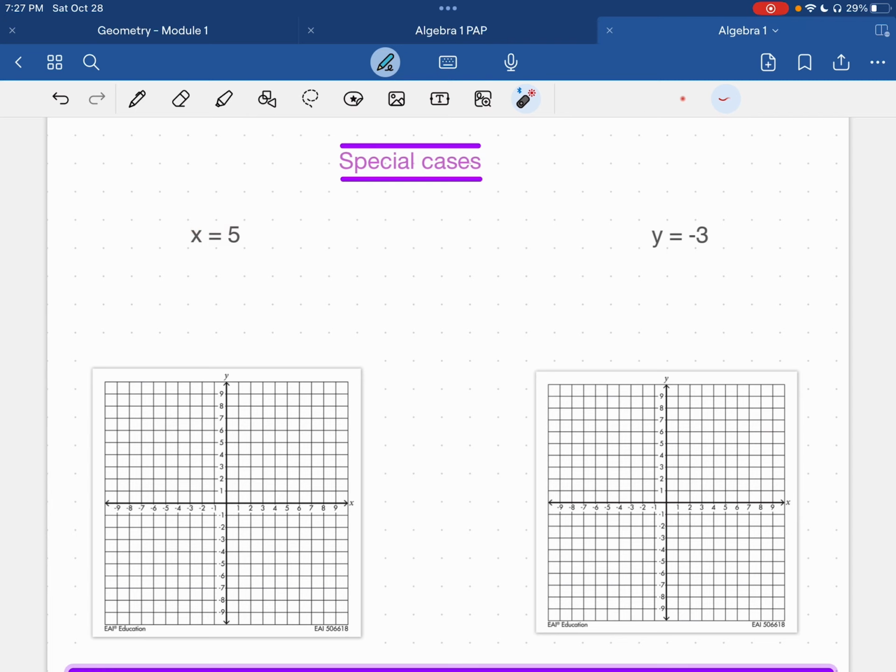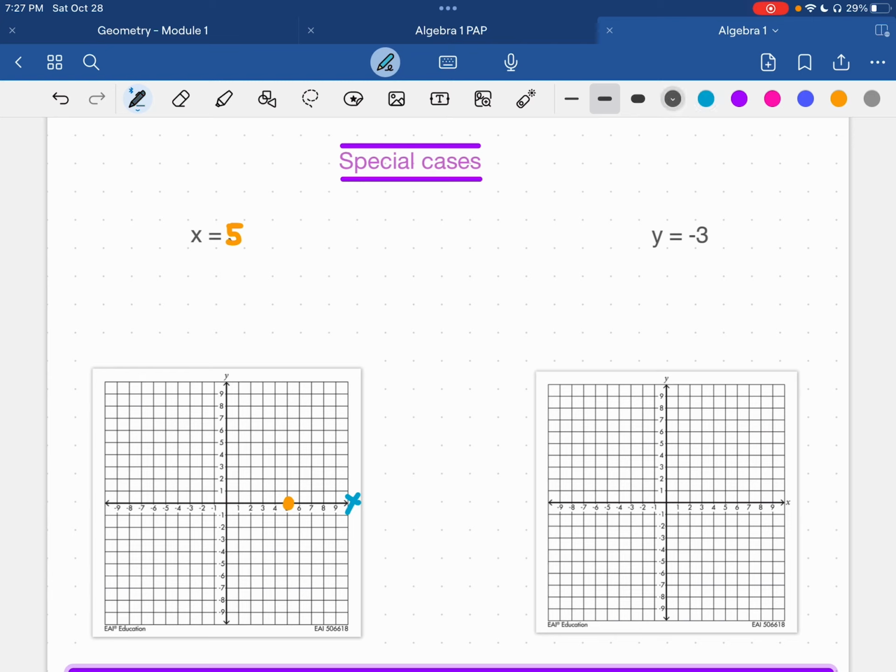When this happens, I need to remember that my graph has 1 point only, and that point is at the number that x is equal to, in this case 5. It is going to be the number on the x-axis because we have x equals. So we want to make sure that we find that number on the x-axis.